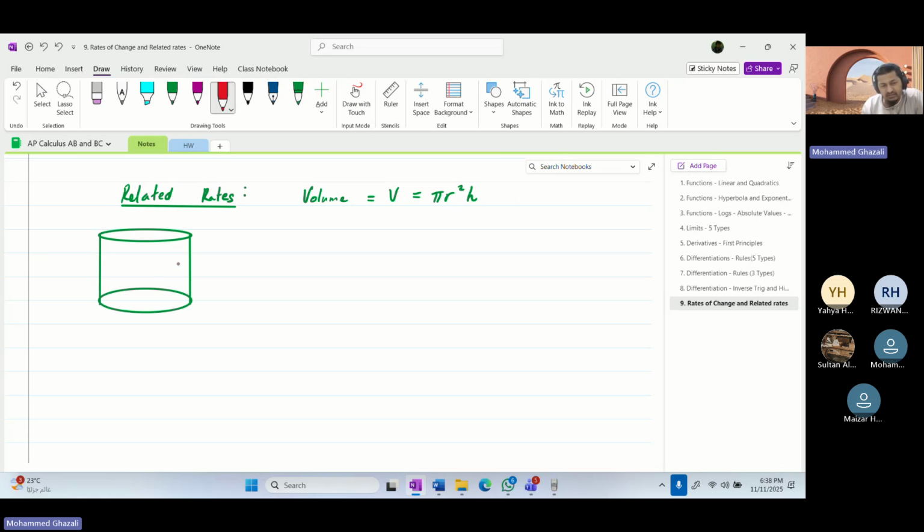Now you can see as water fills into the tank, what's happening? The water will fill into the tank at some rate, and the height of the water level will start rising at some rate.